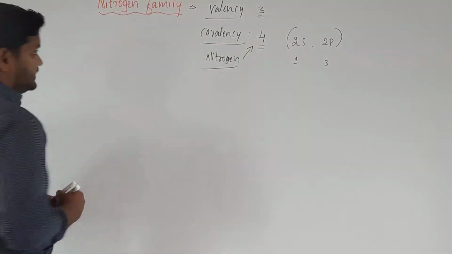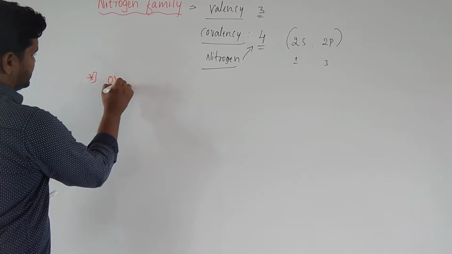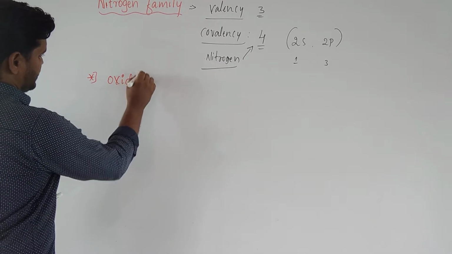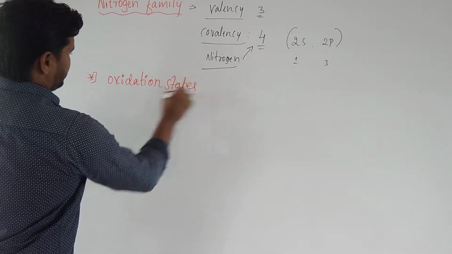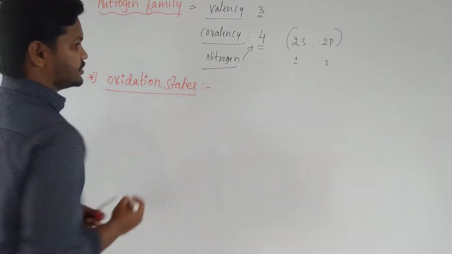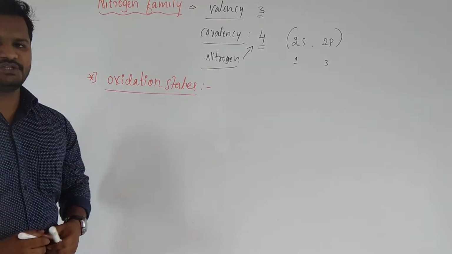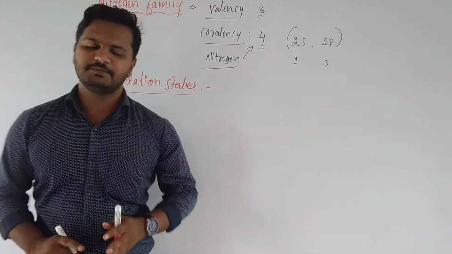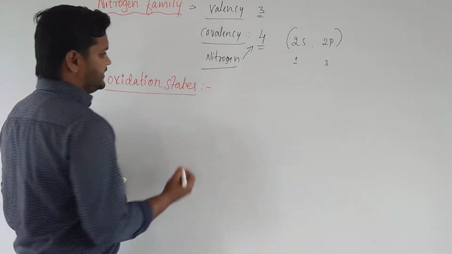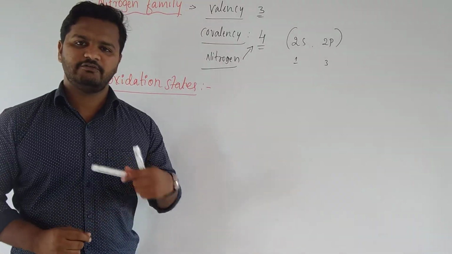And next one, chemical property, oxidation states. This is an important concept. Oxidation states of the nitrogen family. Students, here the nitrogen family, nitrogen, phosphorus, arsenic, antimony and bismuth, exhibit oxidation states like -3, +3 and +5.